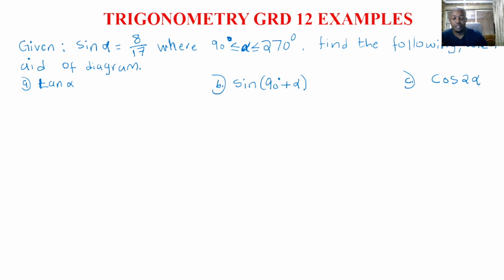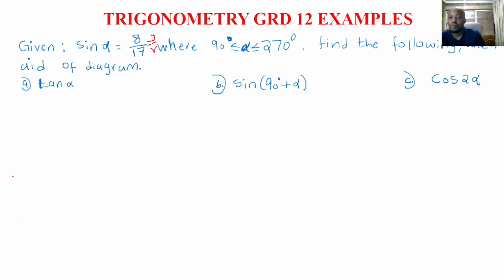First things first, when you read the question, what is given? You would remember from SOH CAH TOA, sine is opposite, which is given by y, over hypotenuse, which is r. So we already have our y from the way the question is asked.